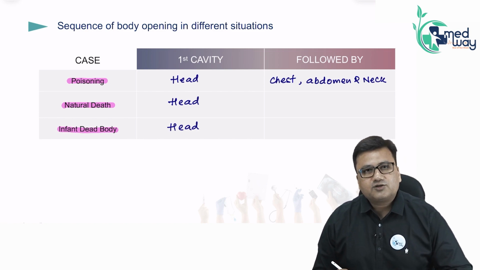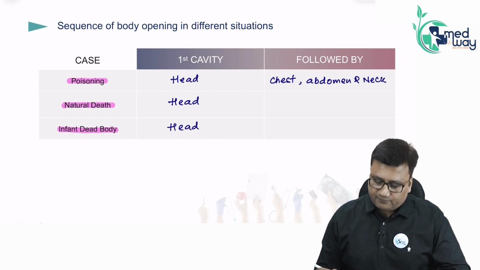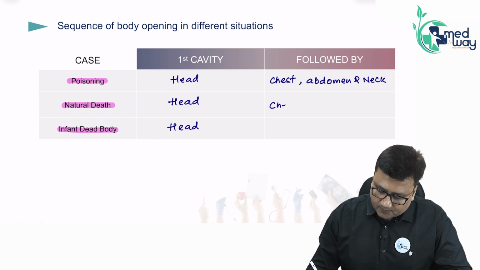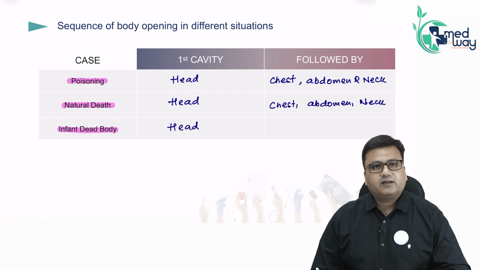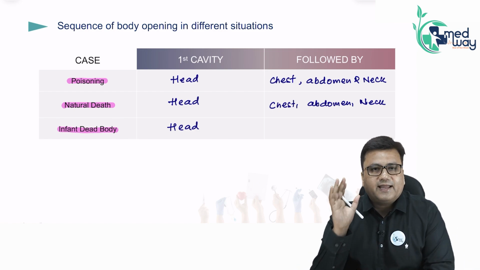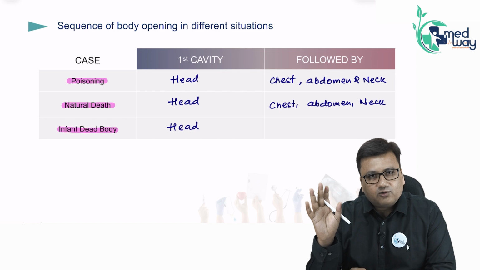Similarly, in cases of natural death, once you have opened the head first, then you open chest, abdomen, then neck, right? Try to open neck last anyhow.